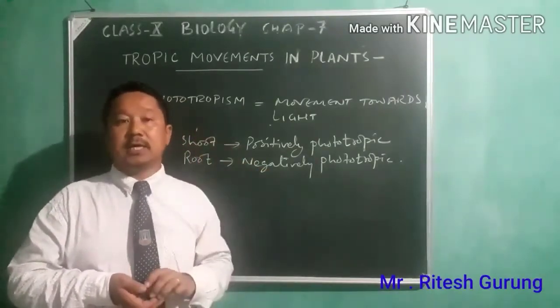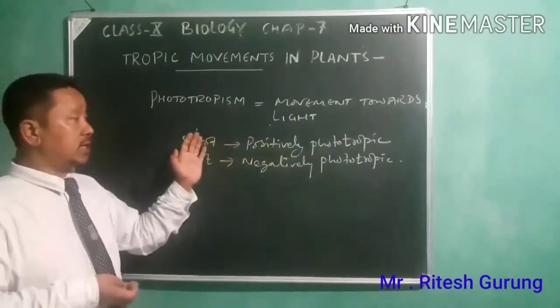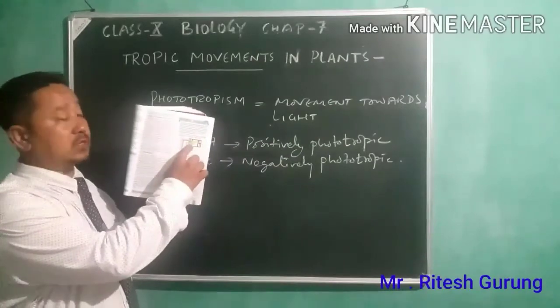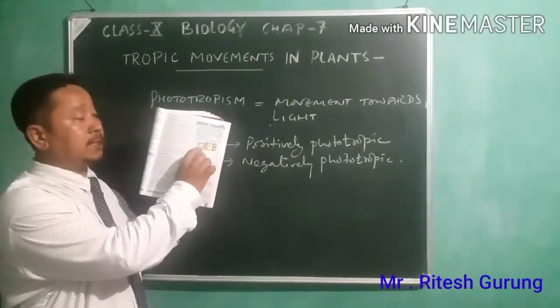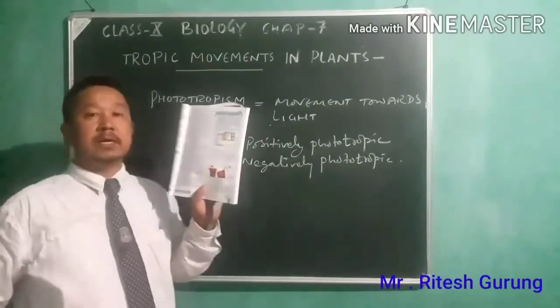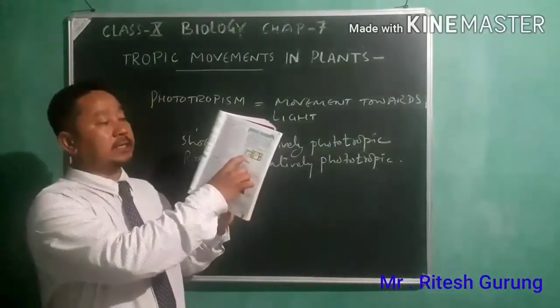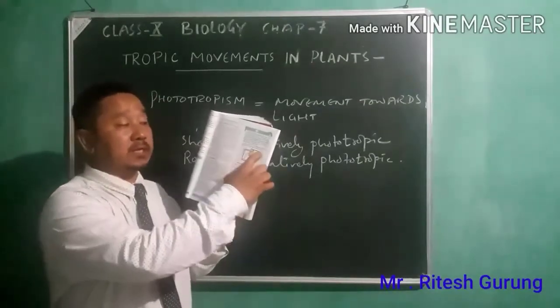So auxins help in the bending of a shoot. Okay, it is helping. Here you see the shoot is bending towards the source of light. So auxins play a very important role in bending the shoot towards the source of light, by getting accumulated in the region of the shoot which is not facing the light.